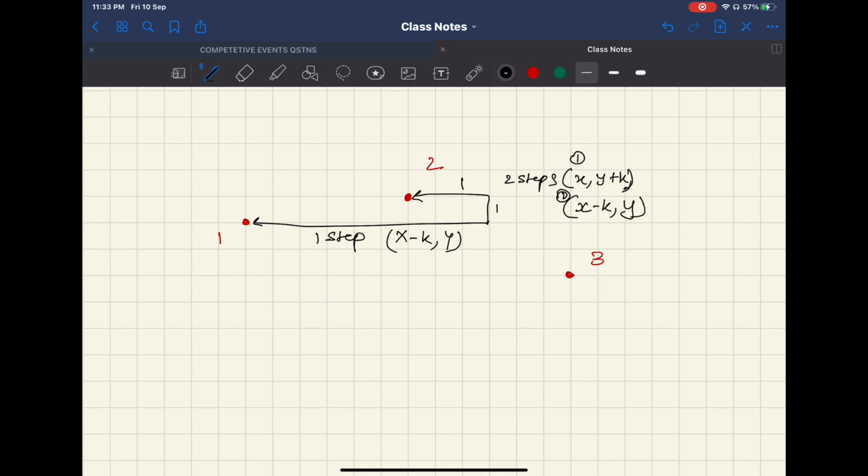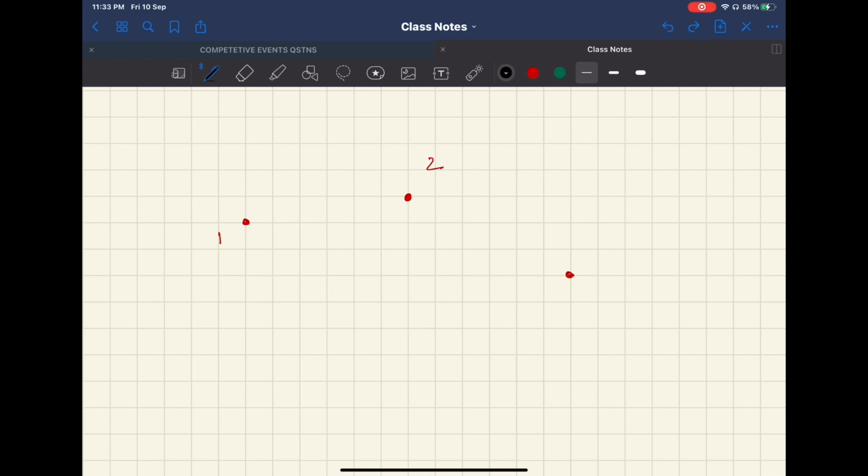So the total steps needed would be 2. From this point to point number 2, 2 steps would be needed. Similarly, for reaching from the black point which I had marked to point number 3, we will need 2 steps.